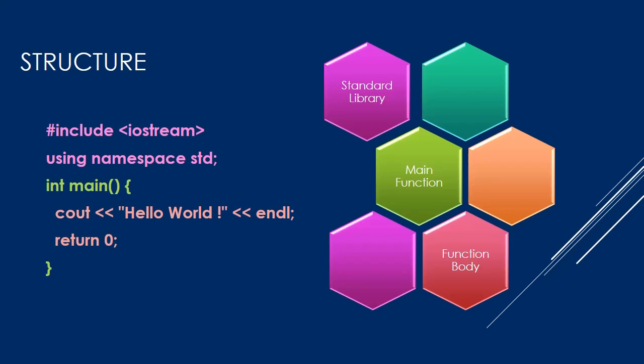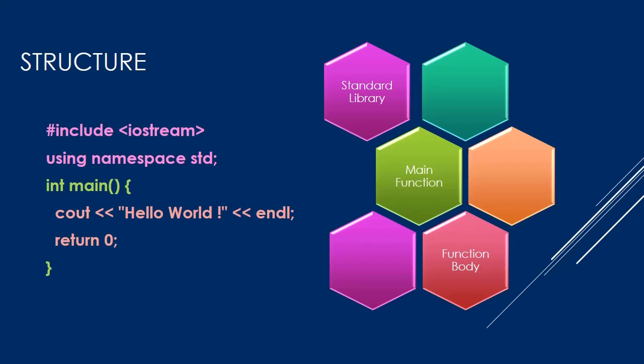Here int denotes the return value of the function, which means that when the function terminates, it returns a value to main, and that return value is to be an integer. We can also use void main or float main according to the return value to be used.